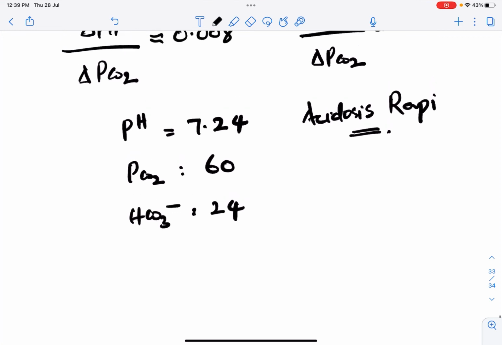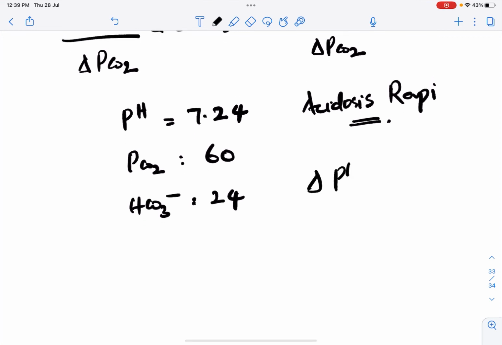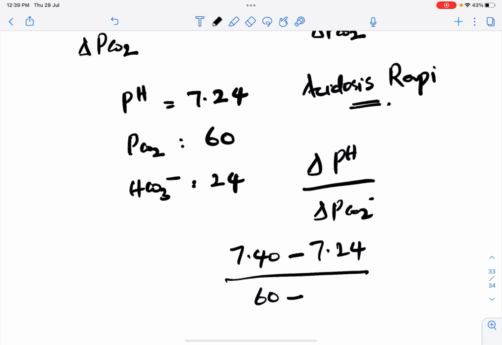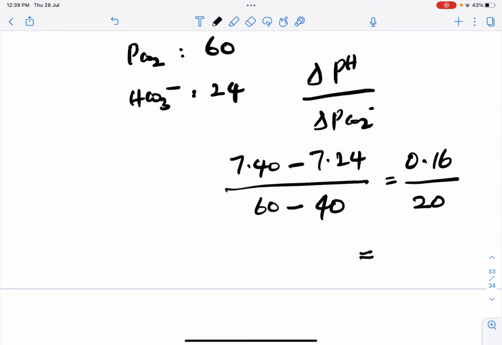So we look at the ratio, change in pH to change in PCO2. The change in pH is, normal pH is 7.40 and the observed pH is 7.24, divided by the change in PCO2, which is 60 and the normal value is 40. So the change here is 0.16 divided by 20, and the result is approximately 0.008.